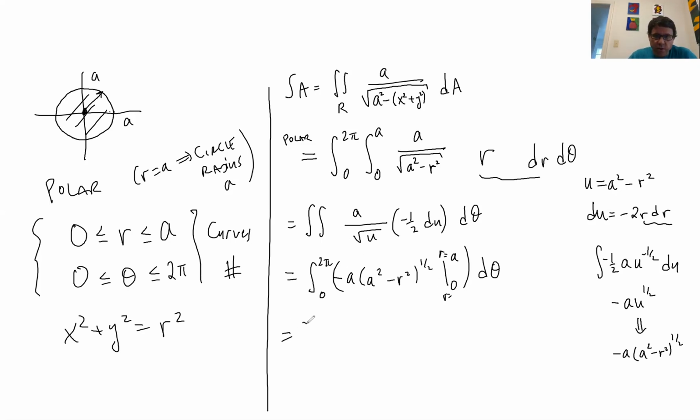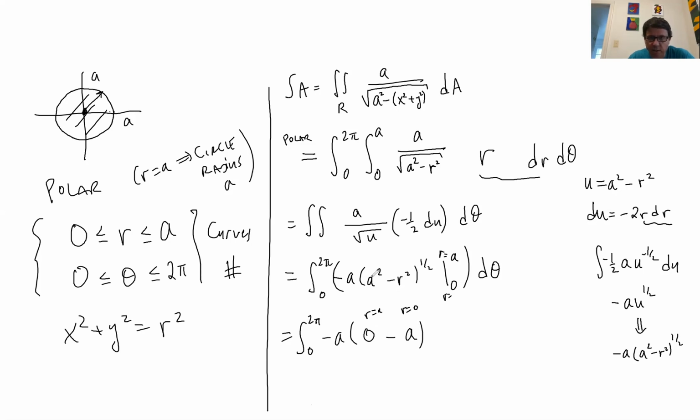Okay, plug them in. So we get the integral from 0 to 2 pi. We'll have minus a times. When we plug in a, what happens? We get a squared minus a squared. So that's 0. If we plug in 0, we'll get a squared to the 1/2, which is just straight up a. So that's when I plug in r equals a. This is when I plug in r equals 0.